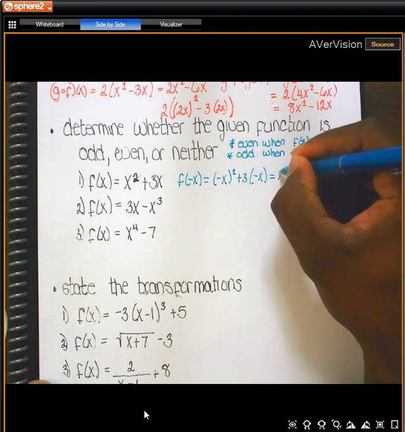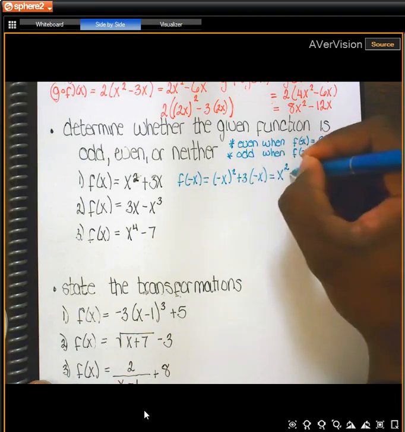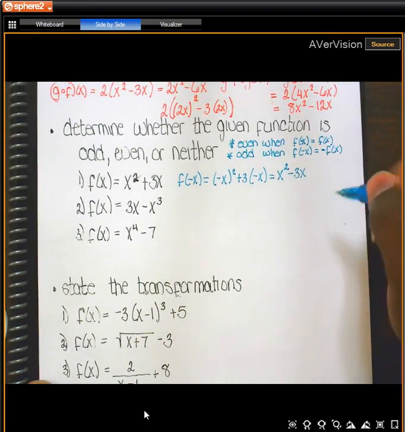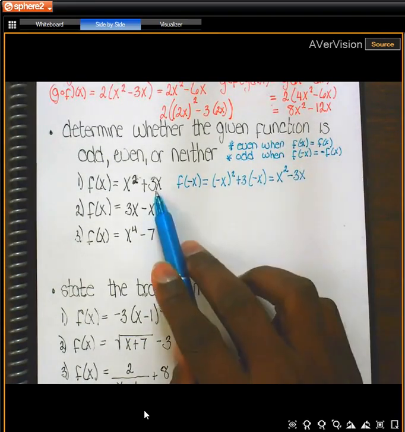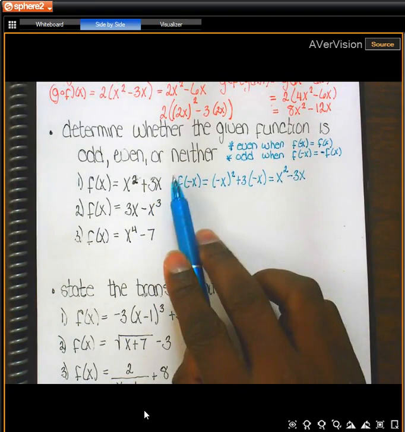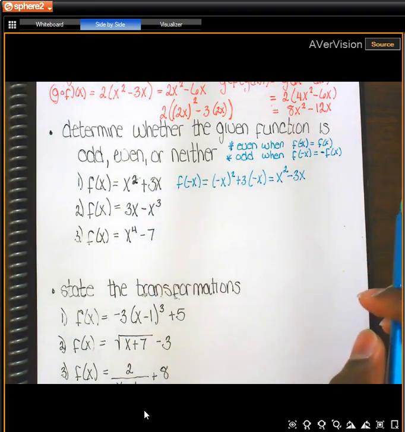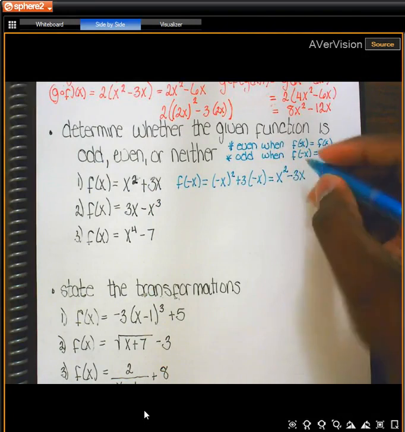It just becomes positive, right? And positive 3 times negative x is negative 3x. All right, so this is not equal to that, right? So because they're not equal, that means it's not even.